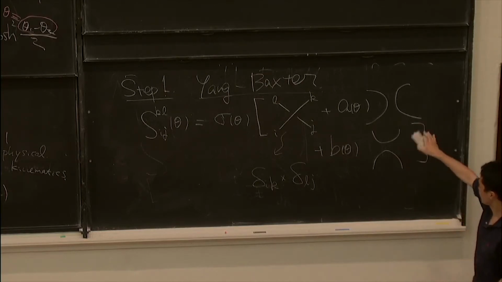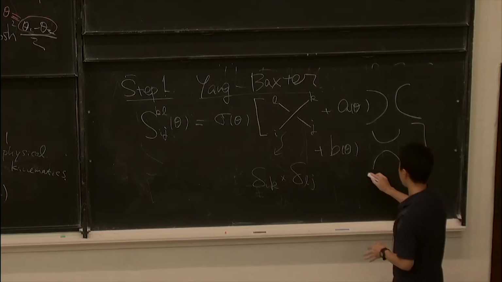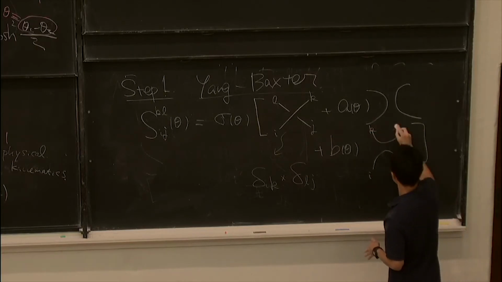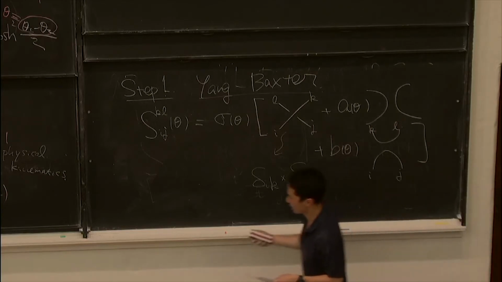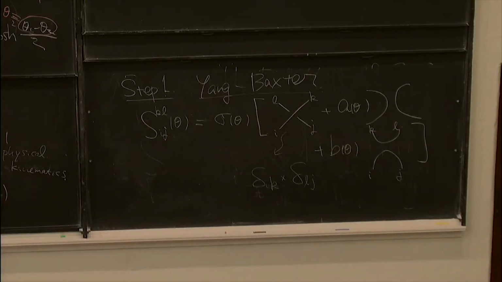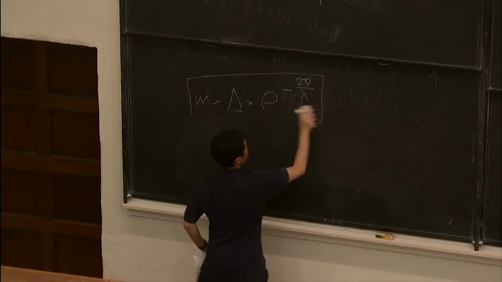So these are all three possibilities that you can write down. I'm going to use this pictorial notation to analyze the Yang-Baxter equation. So let's try to do it. It's actually very simple.